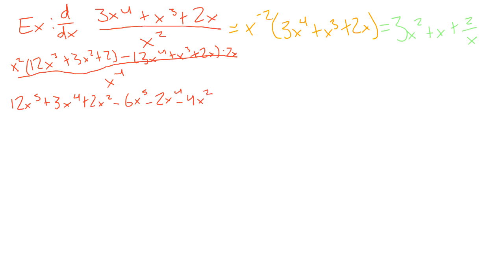All right, let's just double check: we get 5, 4, 2, 5, 4, 2. All of this is going to be over, once again, x to the 4th.